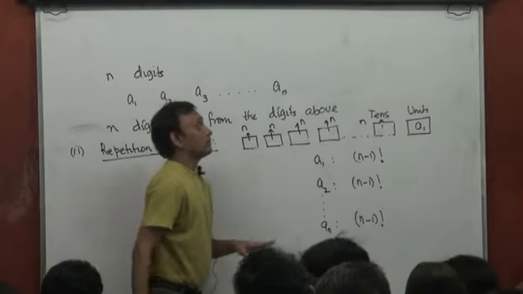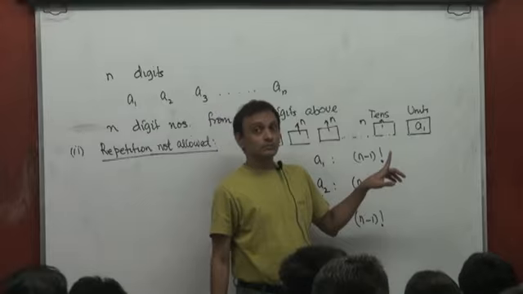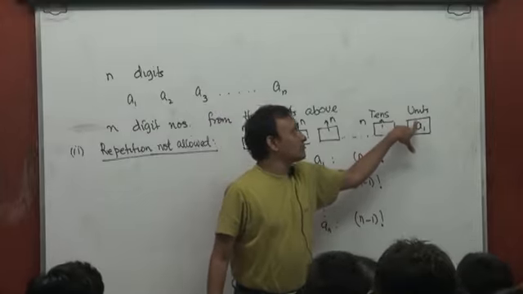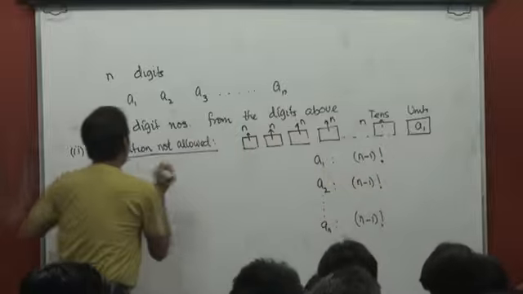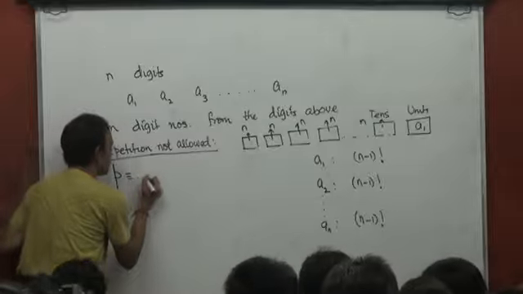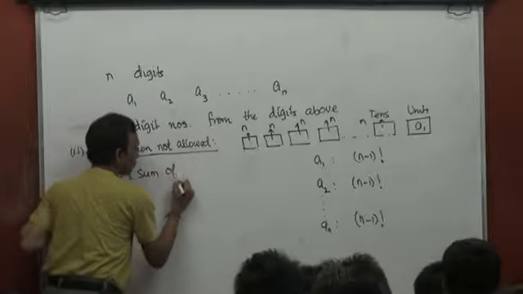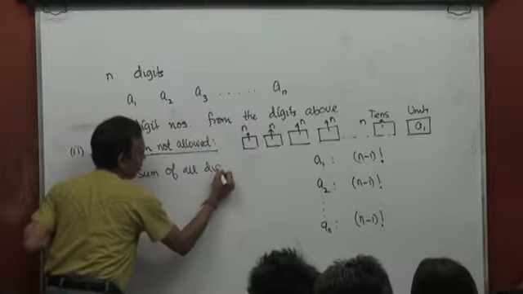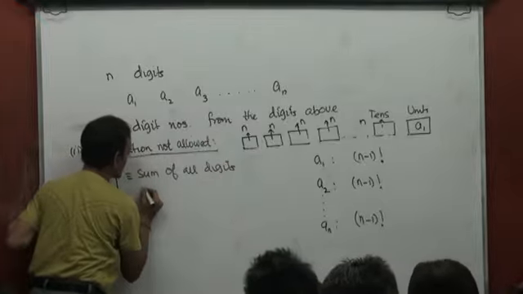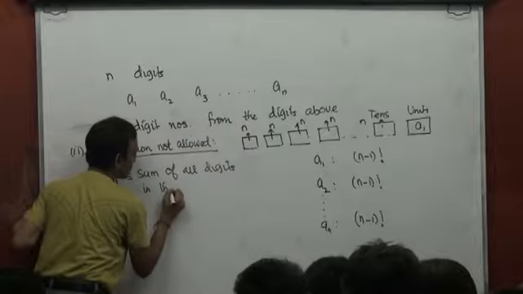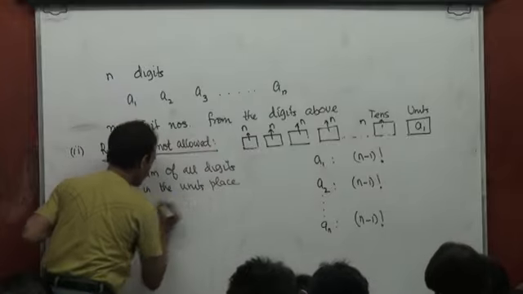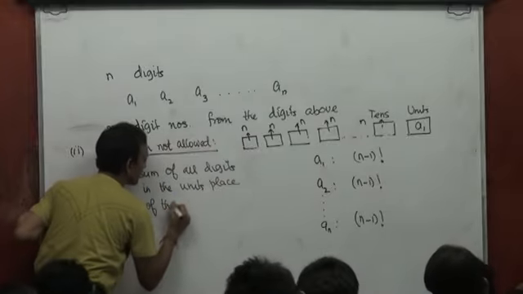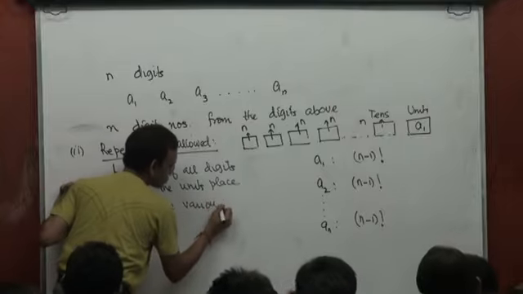Now, if P is the sum of all the digits in the units place like before, P is the sum of all digits in the units place of the various numbers produced.